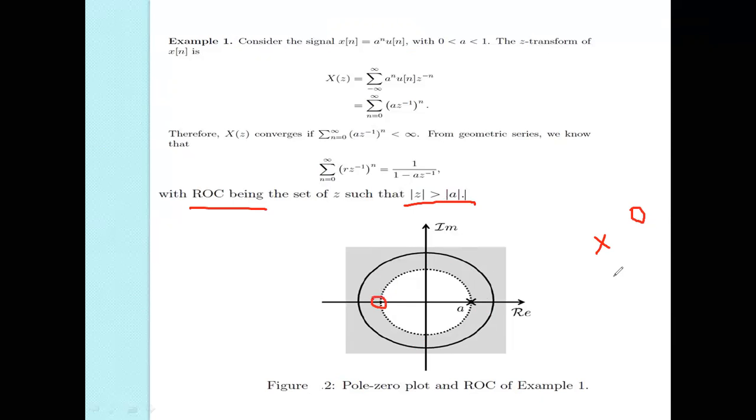Zeros are the roots of the numerator of the given function, and the denominator roots we call poles. So this is the pole zero plot and ROC of the example a power n mu of n. Got it, my dear students?